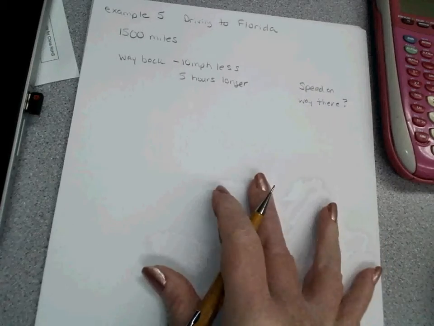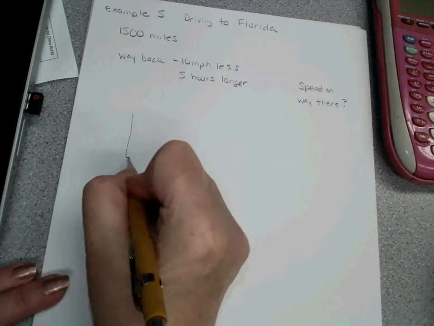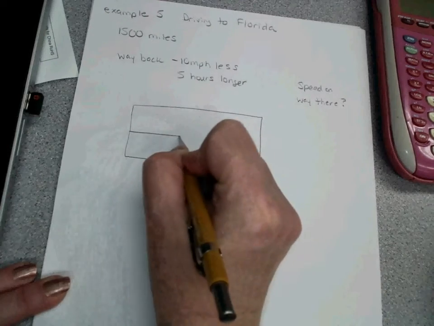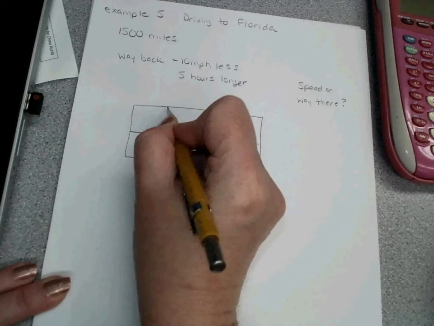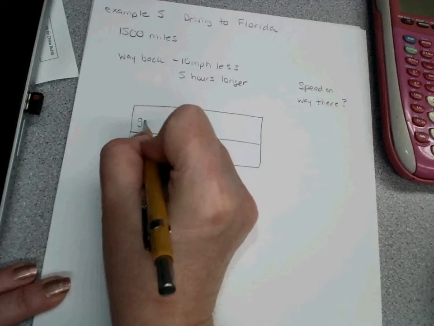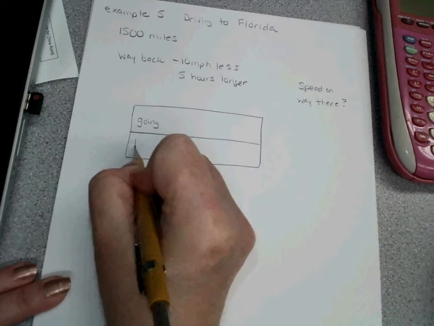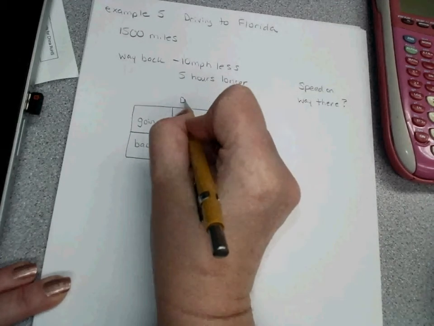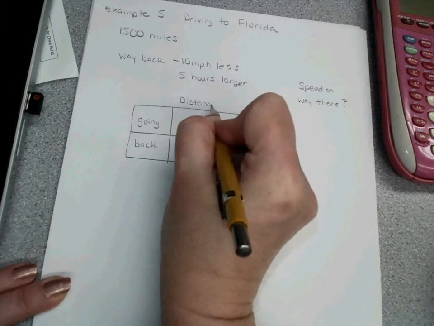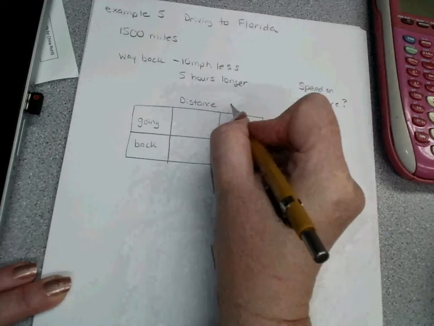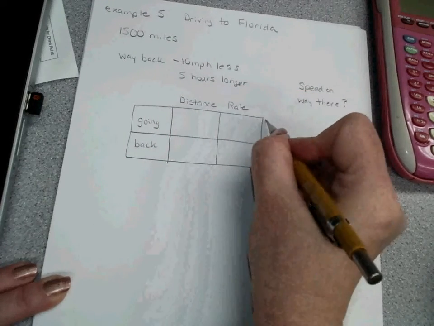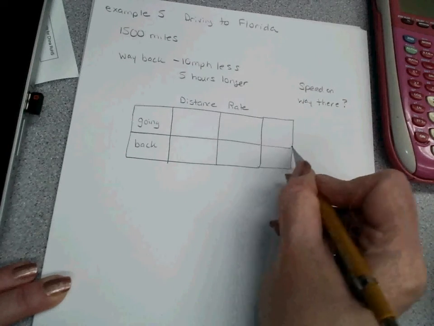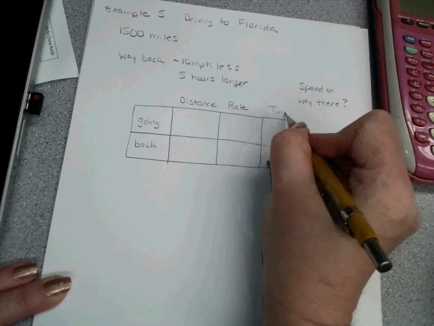All right, we're going to do a distance equals rate times time chart. And we're going to do going to Daytona Beach and then coming back from. Okay.